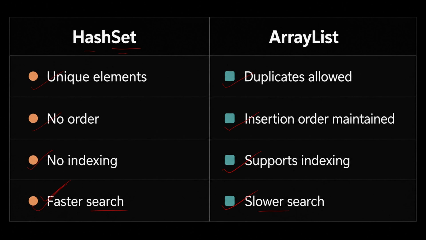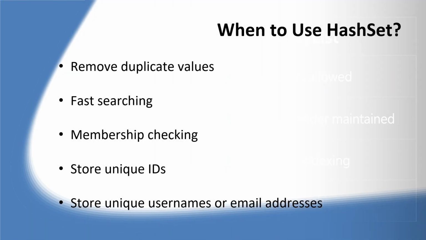HashSet will be the better choice for unique elements and faster performance. And let's say you want insertion order maintained and faster access of elements using an index. In that case, we will go for ArrayList. So based on our requirement, we will choose the appropriate implementation class.